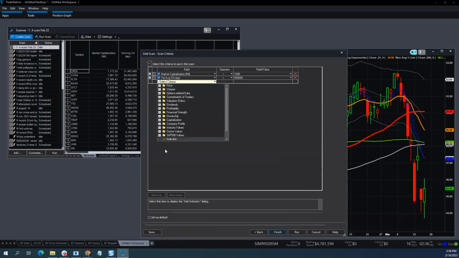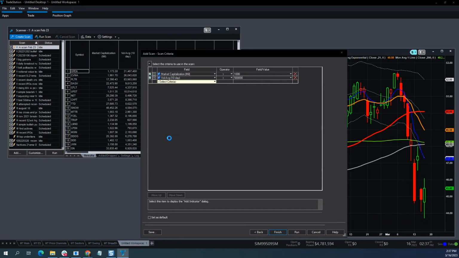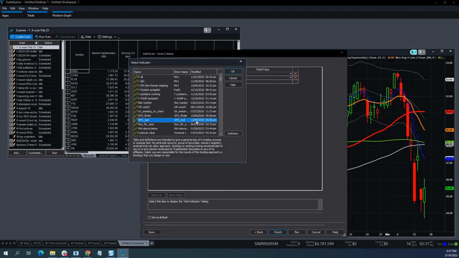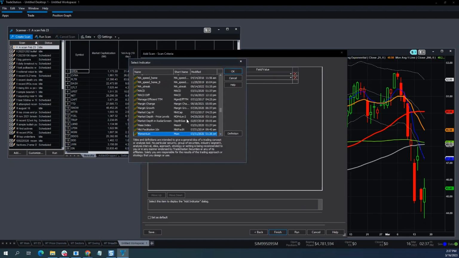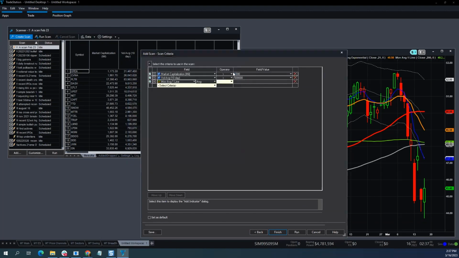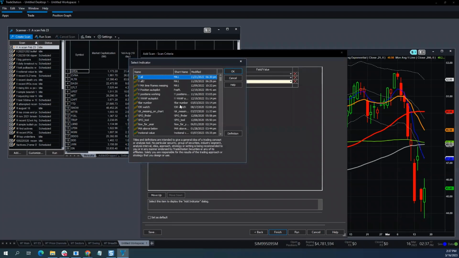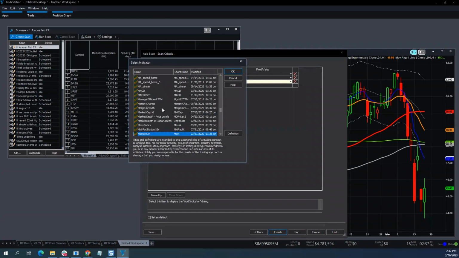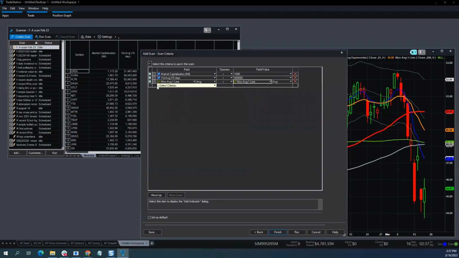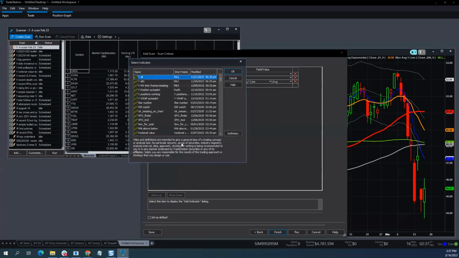Let's now go to indicator. Moving average one line. This will take a second. Hit OK. Go to greater than. Indicator, moving average one line. So this is going to find stocks that have more of a structural uptrend that then have a short-term pullback.